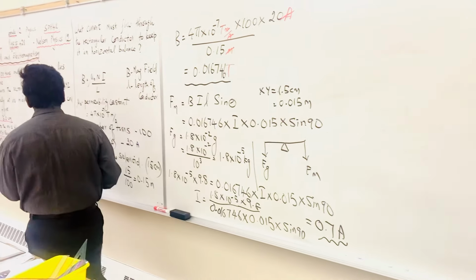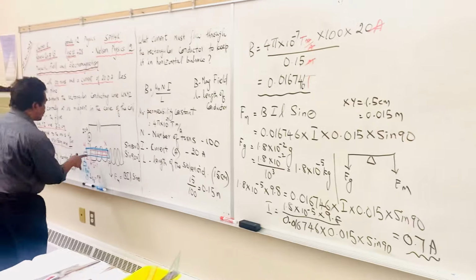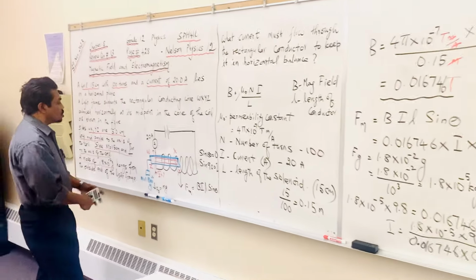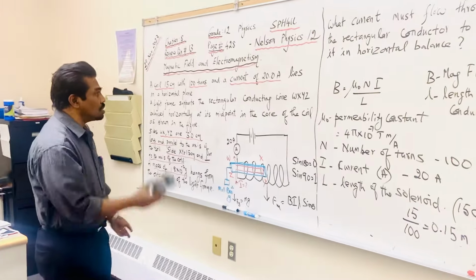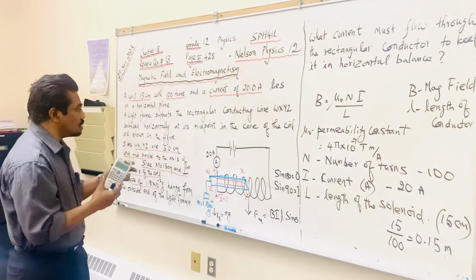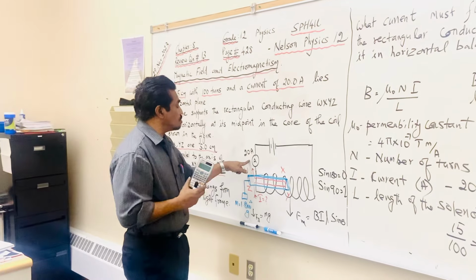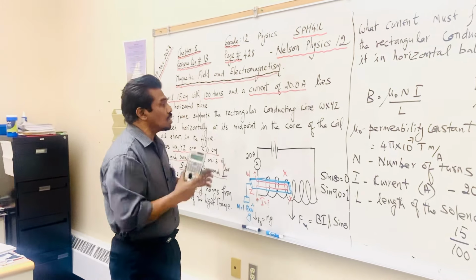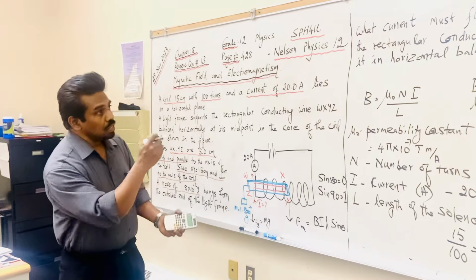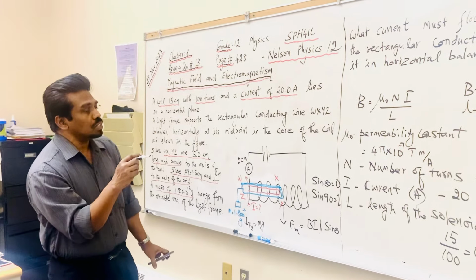So have a look here. This is the current instrument, and I already explained what the current instrument is. I found the magnetic field first without giving the current value. By having our existing current value, I got the magnetic field 0.016746 Tesla.